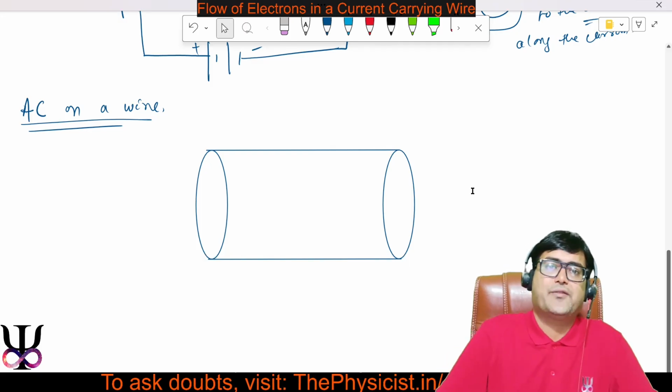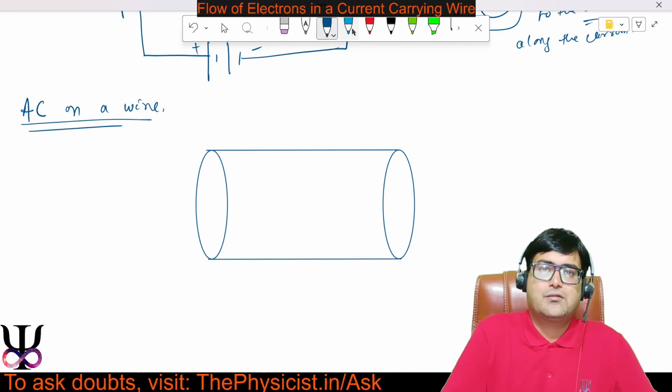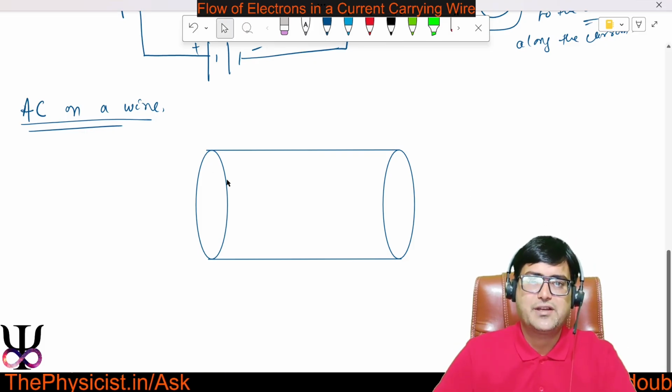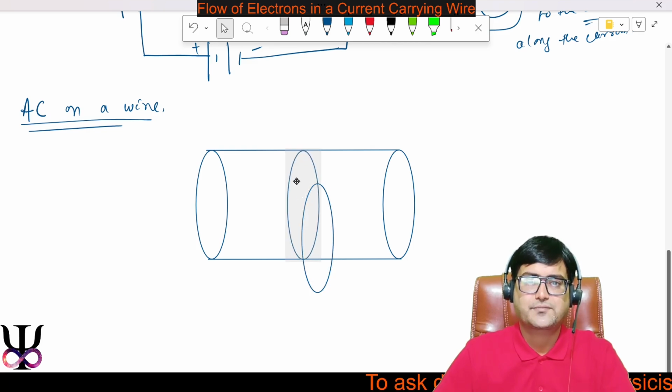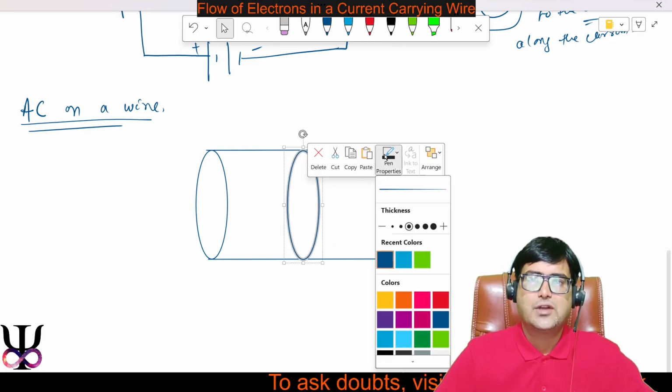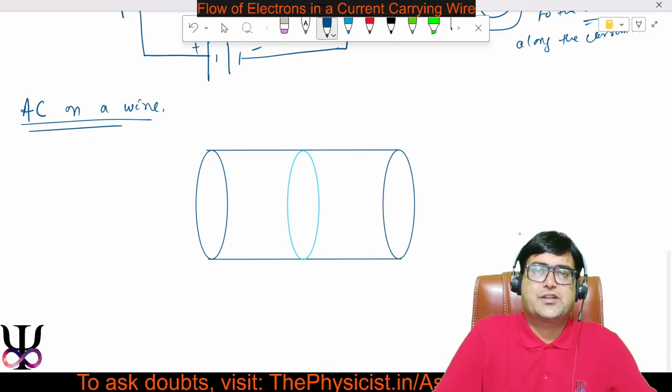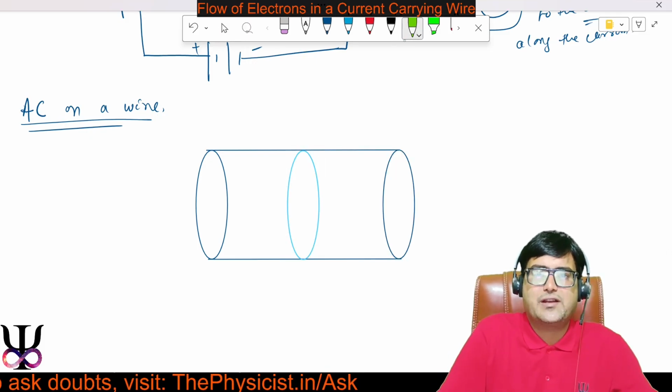Okay. Now in this, let me take just a small cross section, a very small cross section here as an example. In this cross section, there are charges flowing.